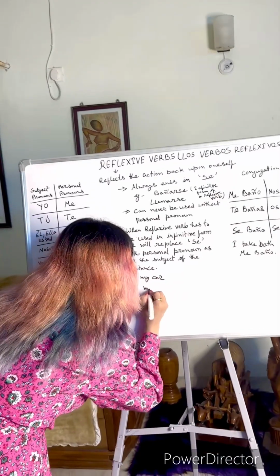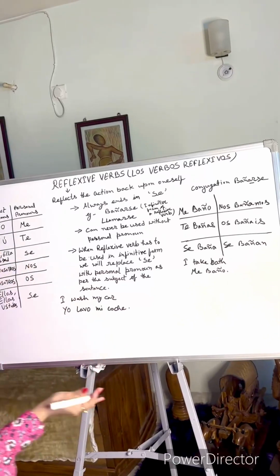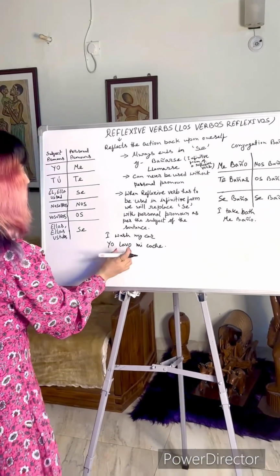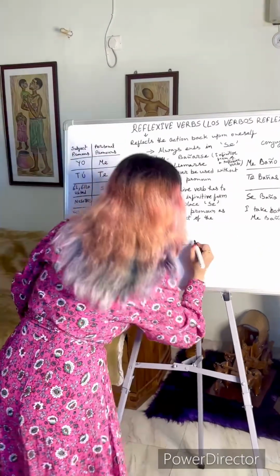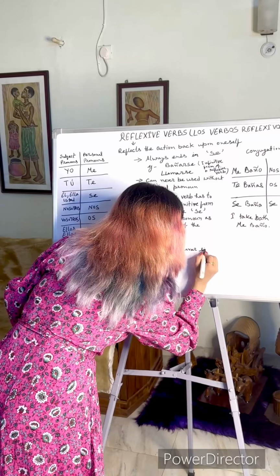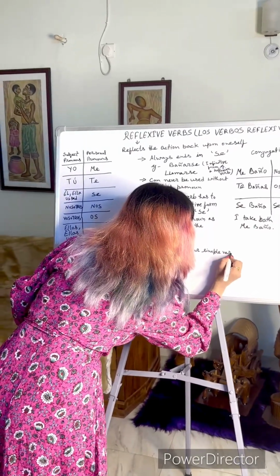My car, mi coche. Yo lavo mi coche. So I am washing my car. It is lavar, a simple verb.